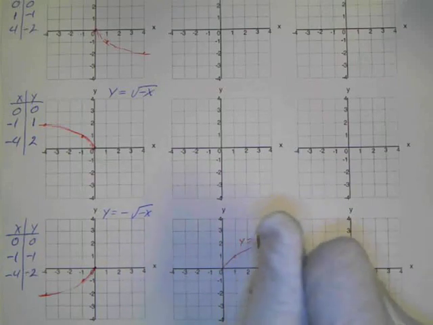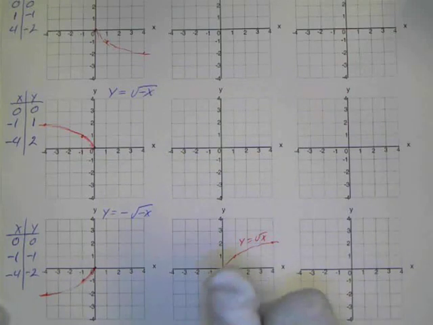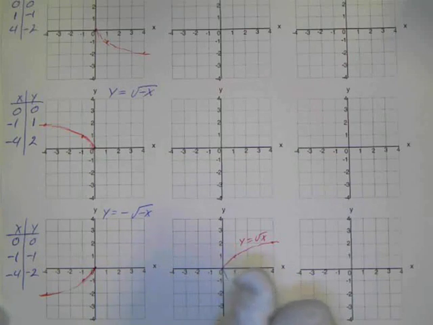This is y equals the square root of x, and we'll use a different color here. This is y equals negative the square root of x.